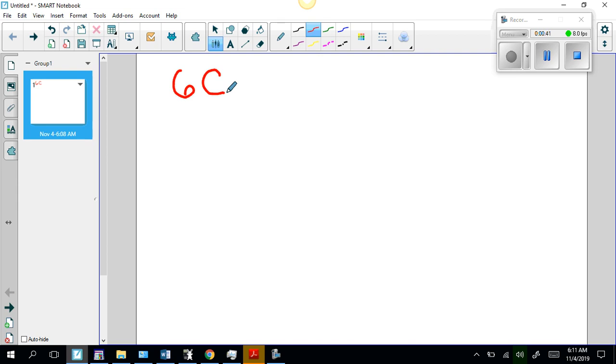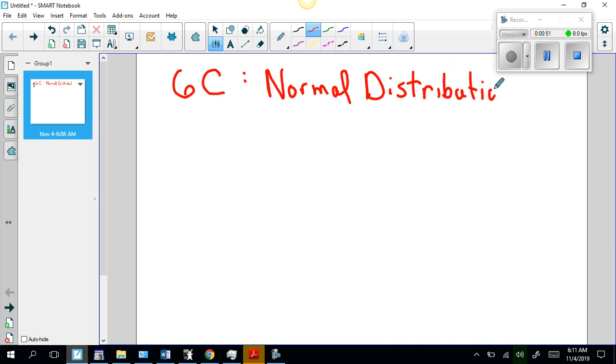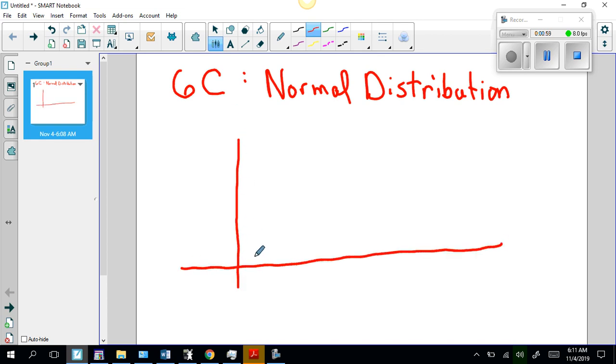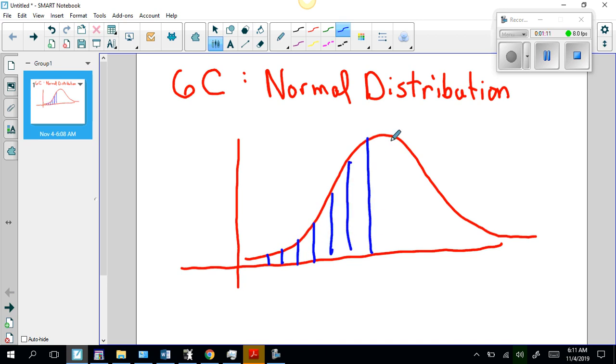So what it comes down to is the normal distribution of data. You maybe have seen it before, and technically you don't really need this line here, but it's a bell-shaped curve of data. When you think of this, you think of a histogram, and your data is piled up nice with all these bars.